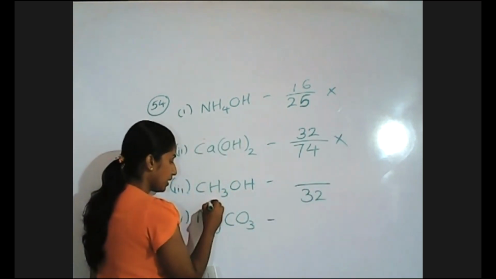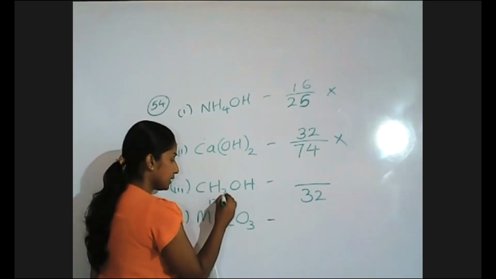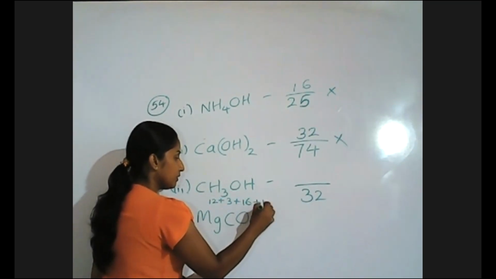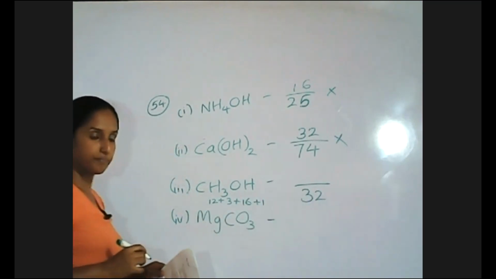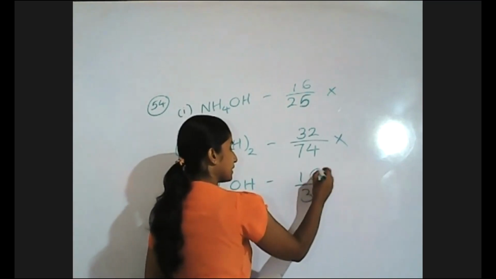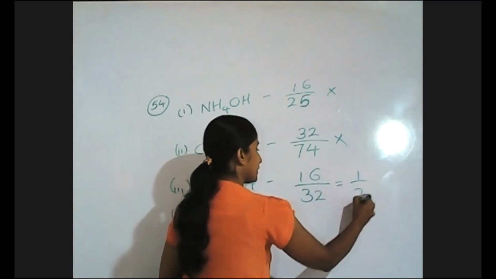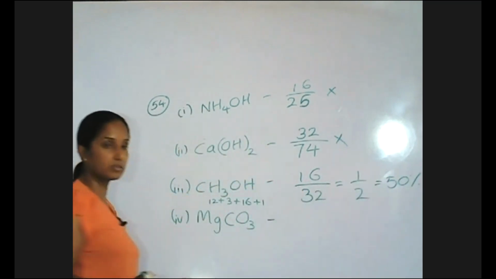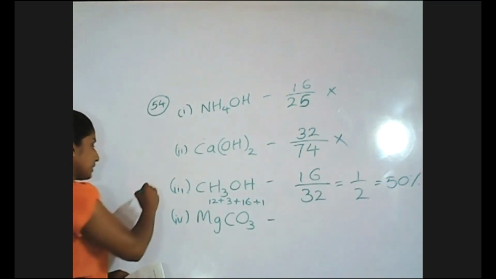How do we get it? 12 plus 3 hydrogen, 3, plus oxygen, 16, plus 1, that is 32. Then only one oxygen here, 16. Simplify this one, that is half, that means 50% of the mass is oxygen. So the answer is the third one.